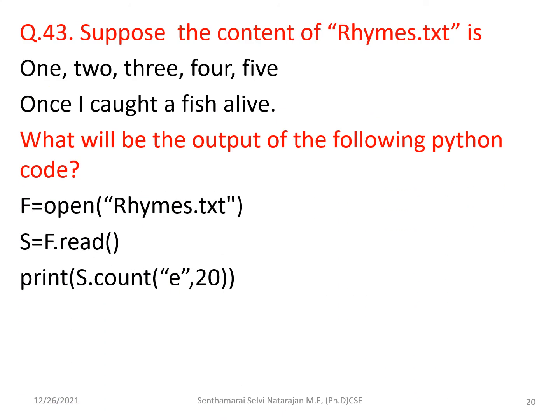43rd. Here also a text related question. You see here they are asking to get the count, that is e. Here you see the value as 20. So here the file pointer will be placed at the point 20. After that only it will be starting to count the letter e.